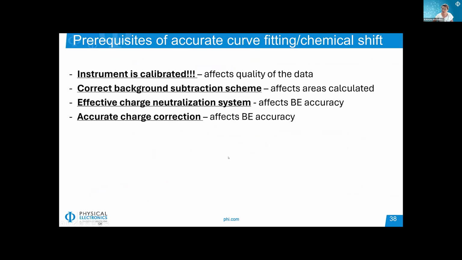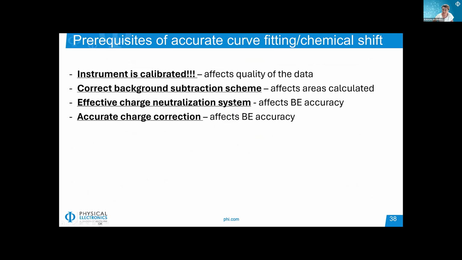The prerequisites for any analysis of XPS data, but specifically if you would like to do chemical shift analysis, are, of course, that your instrument has to be calibrated. It affects the quality of the data. Using the correct background subtraction scheme affects how the areas under the peak are calculated and therefore your quantification results.